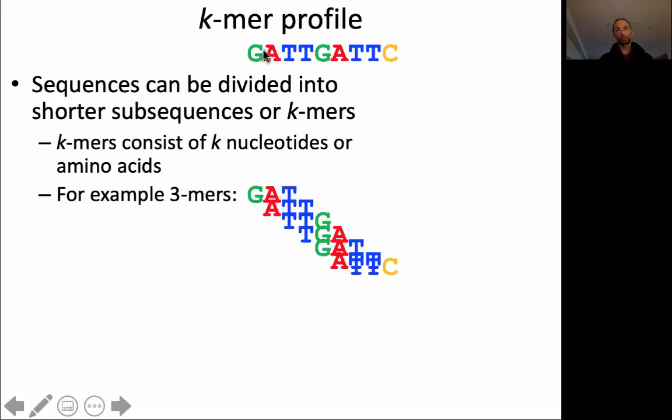For a given sequence, we can divide it into k-mers. We've already seen this with the approach to construct the De Bruijn graphs. But we can also count the percentage of each of these k-mers present in the graph, or in the contig.